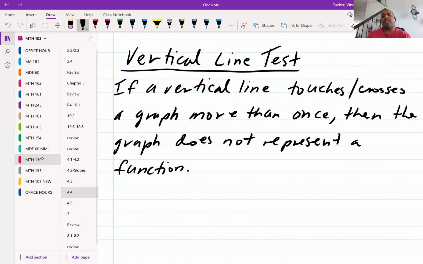If a vertical line touches or crosses a graph more than once, then the graph does not represent a function.